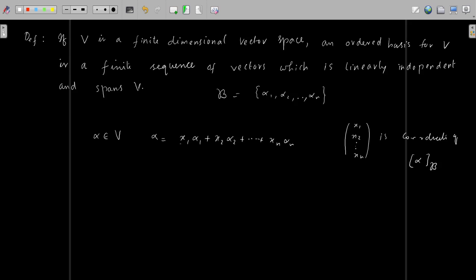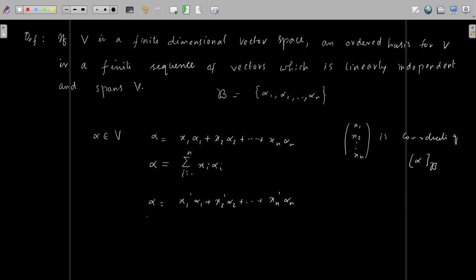Whenever you write like this, in summation notation we can write it as sigma i equal to 1 to n of xi alpha i. This is the notation for alpha. Now, we can write alpha as another linear combination of these ordered vectors, say x1 prime alpha 1, x2 prime alpha 2, etc., xn prime alpha n.